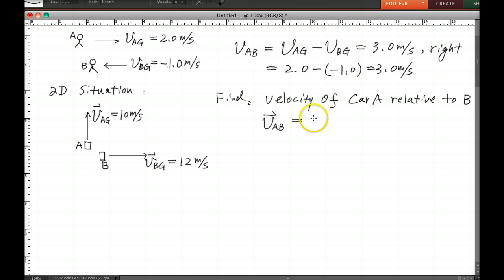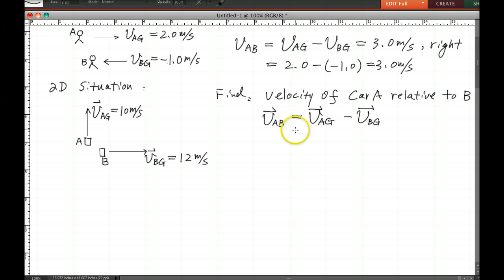It always equals VAG, again G is the ground, subtract VBG. Straightforward.